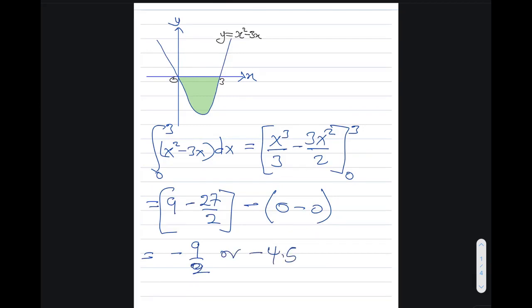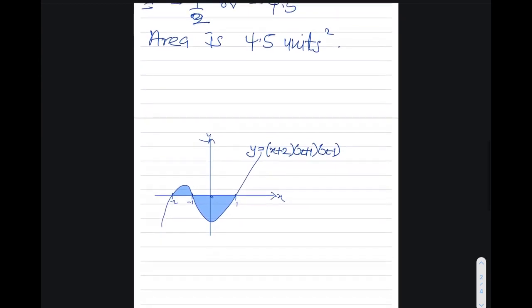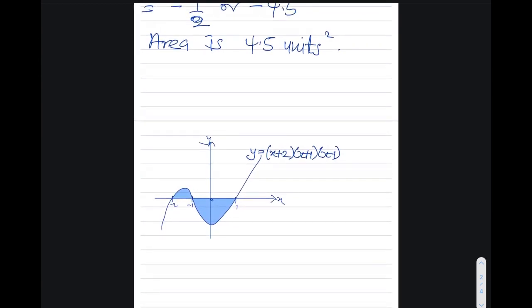Like I said earlier, since the area is below the x-axis, we are expecting a negative answer. But the answer that we write will be that the area is 4.5 units squared. Why? Because like I said, areas are positive.